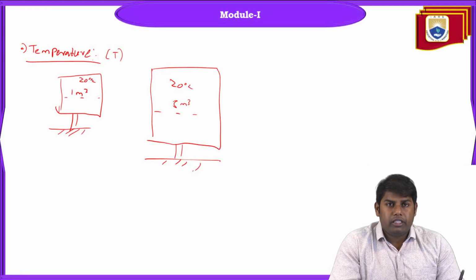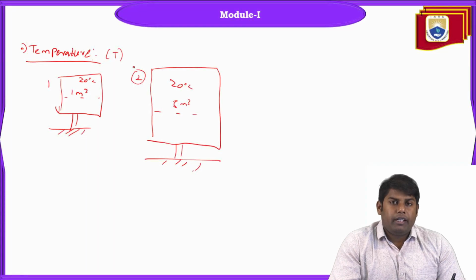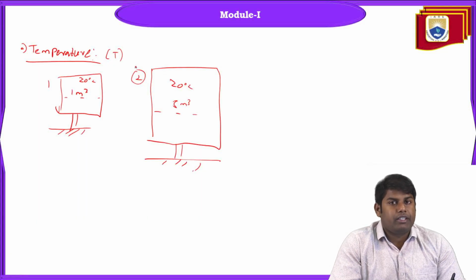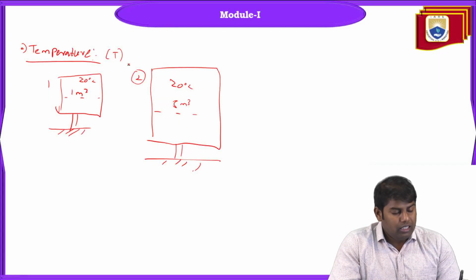The 100 degrees Celsius can be achieved by both tanks. Basically, whether it is a large tank volume or a small tank volume, since temperature is an intensive property, it can increase or decrease irrespective of the size.